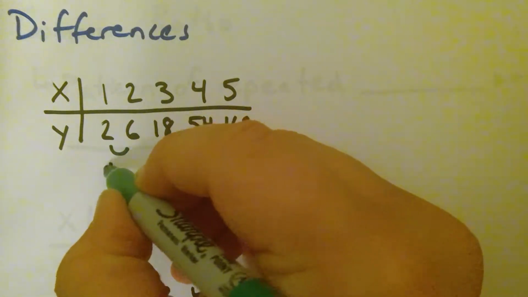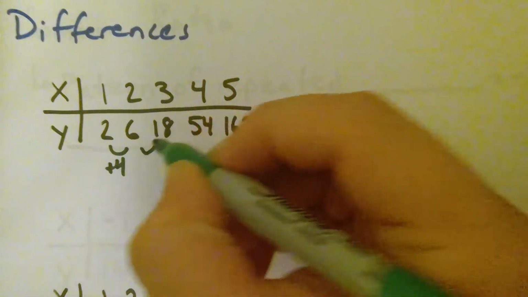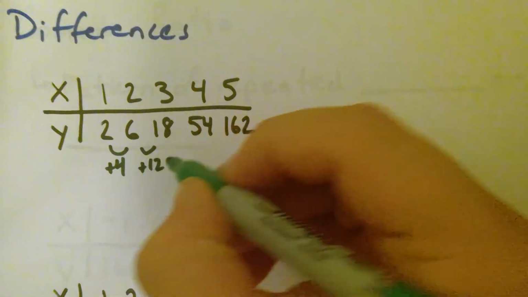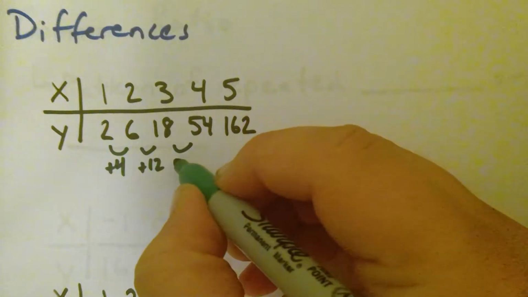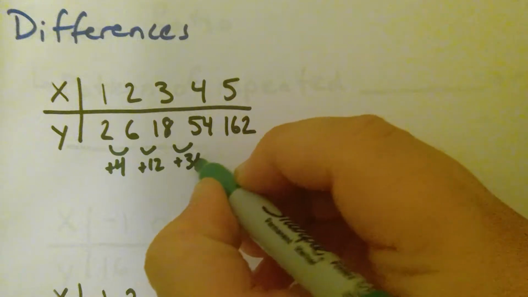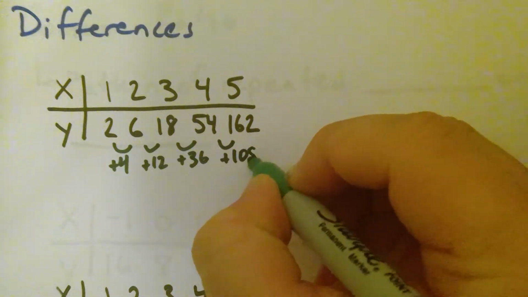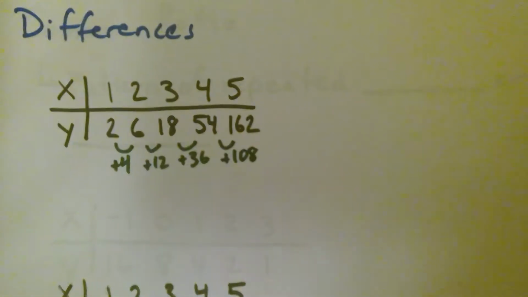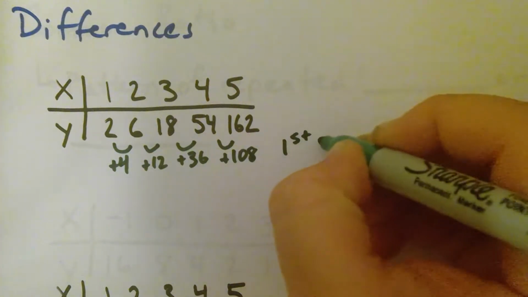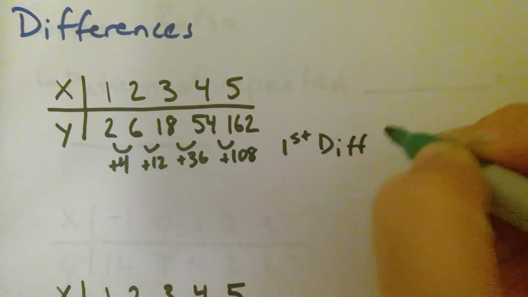So here I've got plus 4, here plus 12, here plus 36, and here plus 108. That's what we call the first difference.